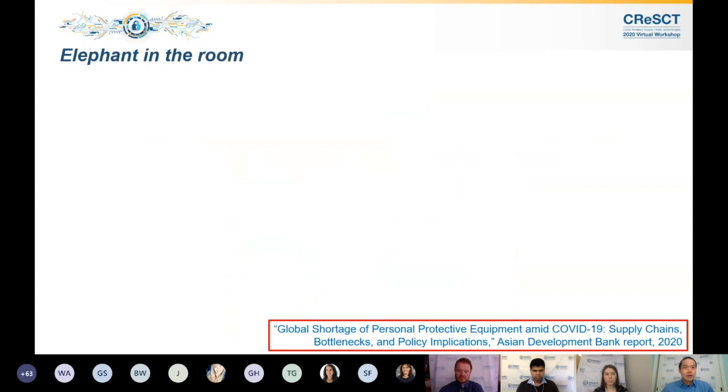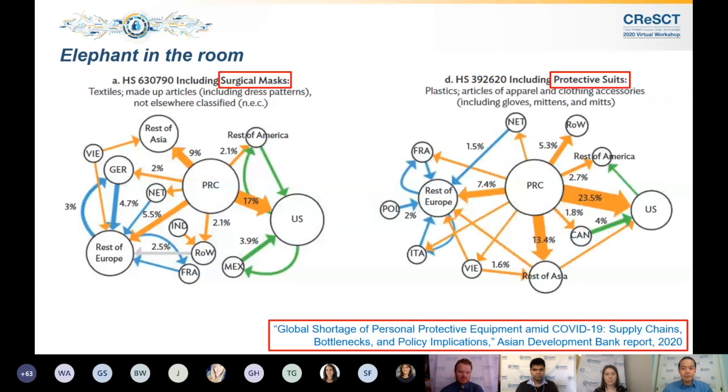Now that we are in the COVID-19 pandemic situation, we have to address the elephant in the room. This is a figure coming from a report by the Asian Development Bank on the global supply chain for PPE, the personal protective equipment. As you see, these are two figures representing the global flow of commodities for surgical masks and for protective suits.